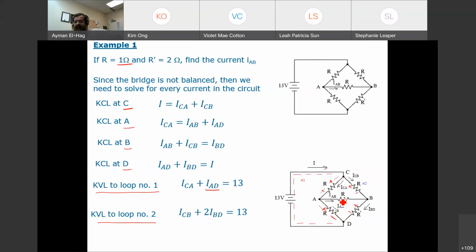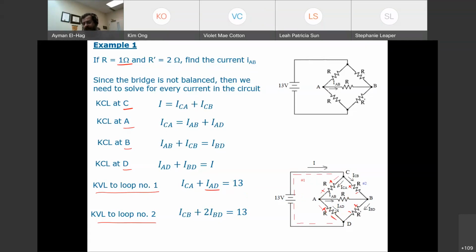Of course, we have this loop and that loop, and also these small loops. I can choose any 2 of these loops, or I can choose 3 loops and 3 KCL. I can have a combination of these, and then I can find the unknowns.